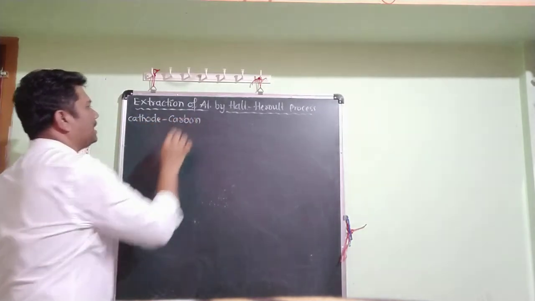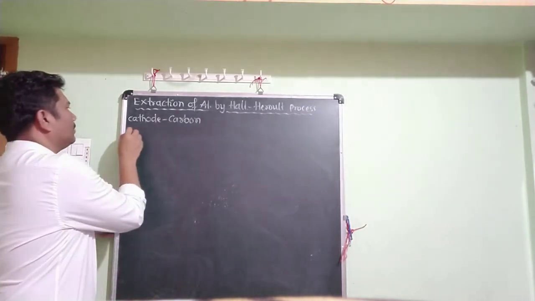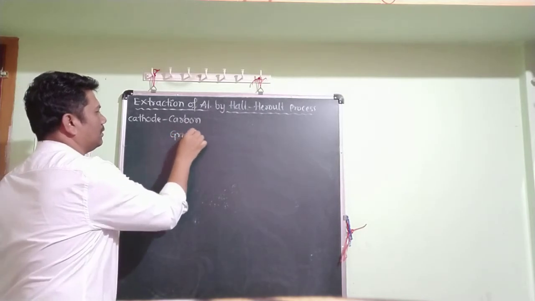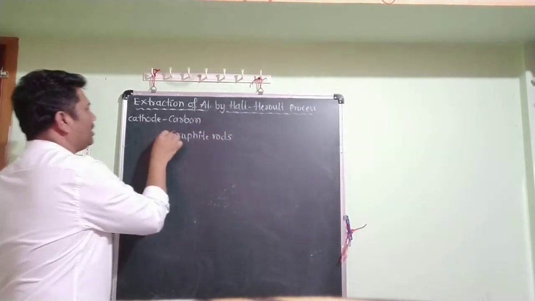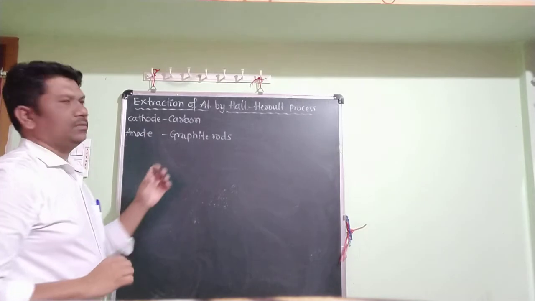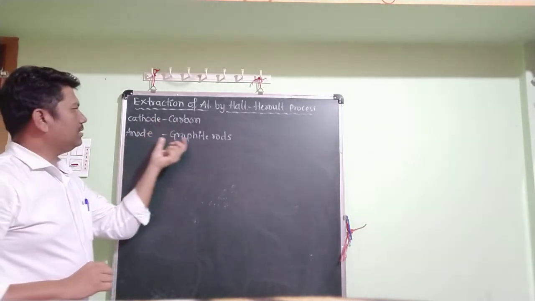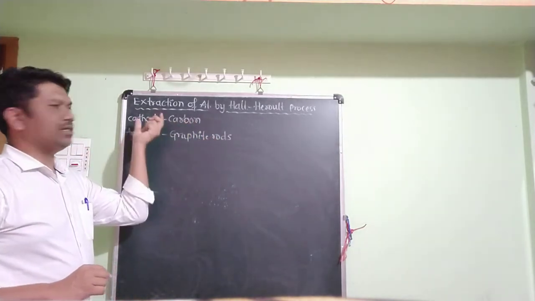The carbon acts as a cathode. Then graphite rods act as an anode. Cathode is carbon and anode is graphite rod.